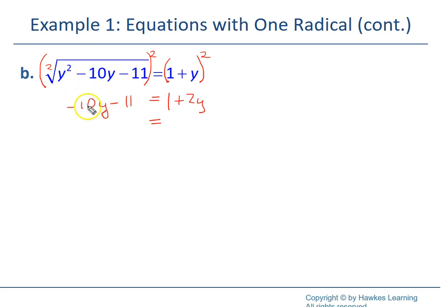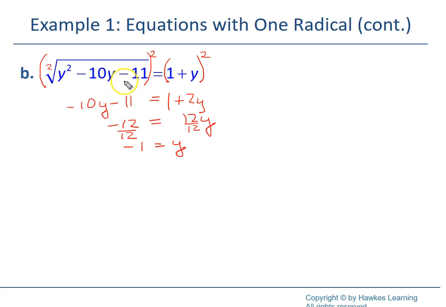So I'm going to transpose this negative 10y to this side. So this will become 12y here. I'm going to transpose this 1 to the other side, where it becomes a negative 1. So this is negative 12. And then I divide both sides by 12. And I get y equals a negative 1.